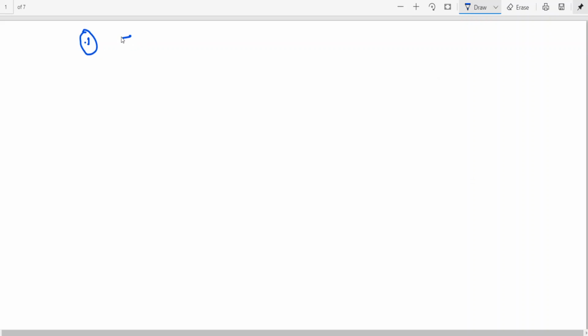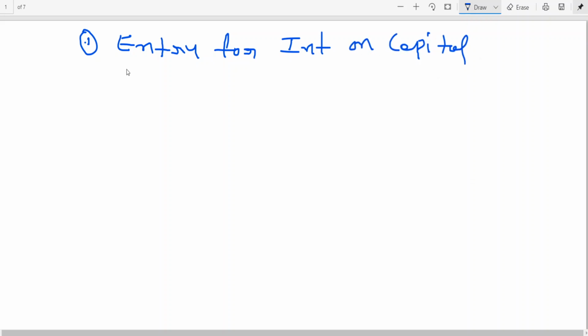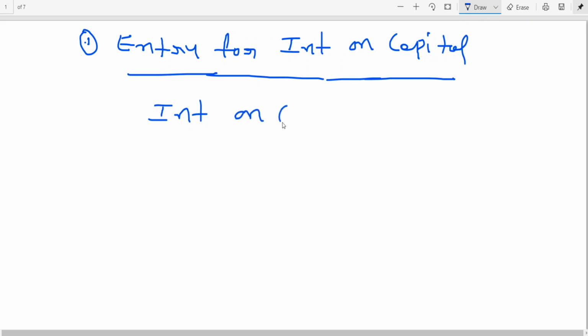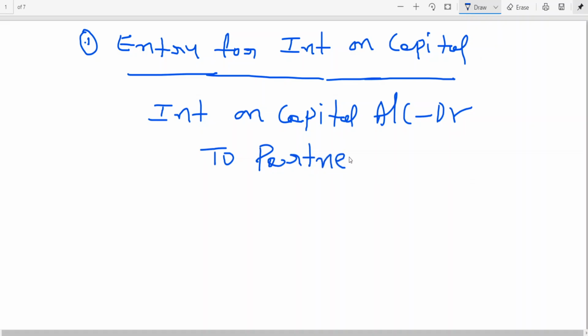The entry for interest on capital is: interest on capital account debit, to partners capital account.